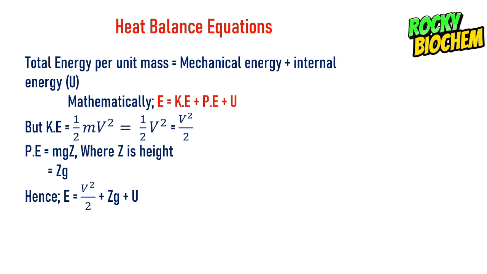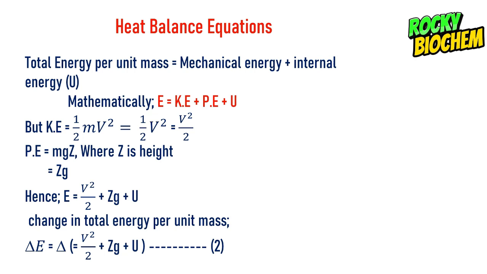If we are to write the equation for changes in total energy, it is just a matter of introducing the change sign to the E on the left side and the change sign to the right side as well. So our change in E should be equal to the change in whatever is found on the right side of the equation.